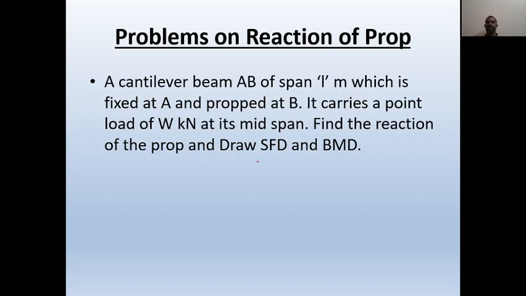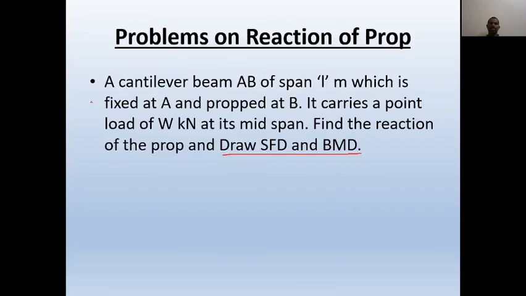Find the reaction of the prop and also draw the shear force and bending moment diagrams. I have already told you that shear force and bending moment drawing is simple. First you need to calculate the prop reaction. Once you have calculated the prop reaction, it is as simple as drawing the shear force and bending moment diagram of a cantilever beam.